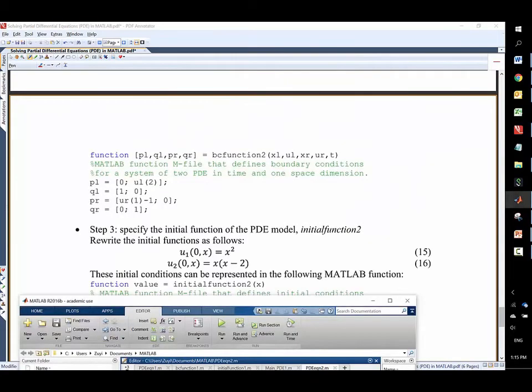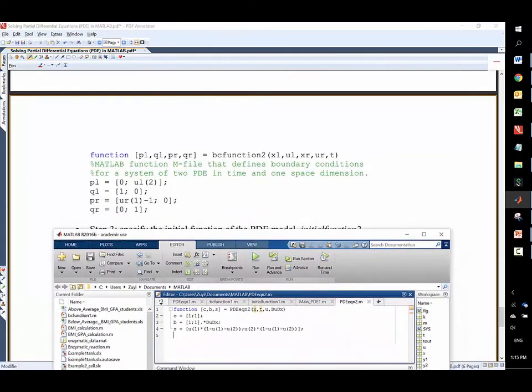So we get a new function with function PL QL PR QR equal to basically BC function 2, with SL UL SR UR T. Okay, and then we get P1, remember PL, right, equal to 0 UL2.